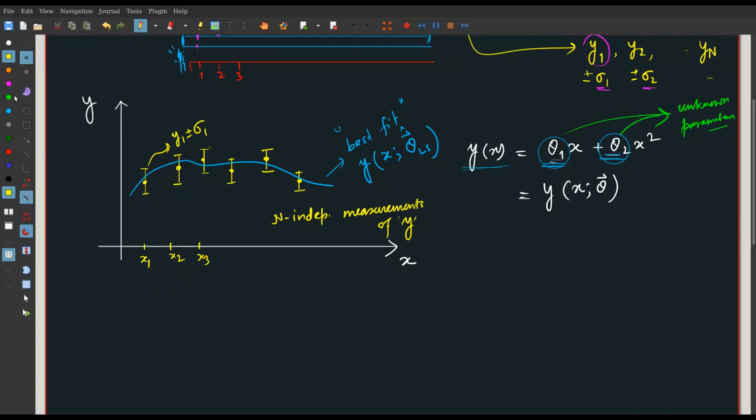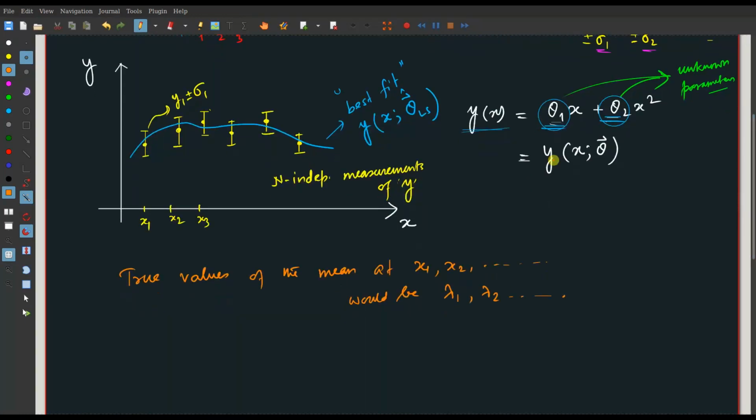So suppose the true values of the mean at x1, x2, and so on, would be lambda 1, lambda 2, and so on.